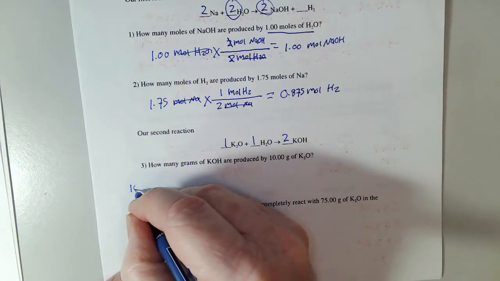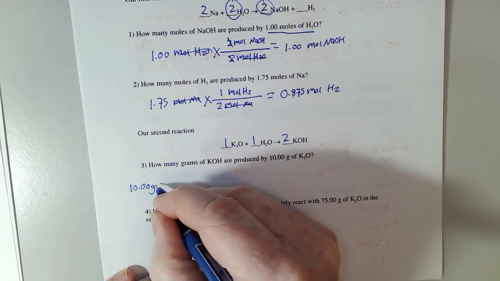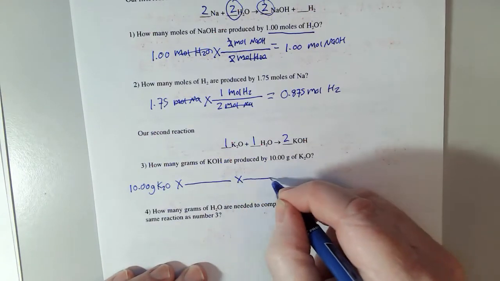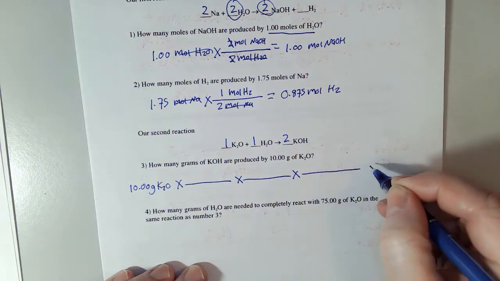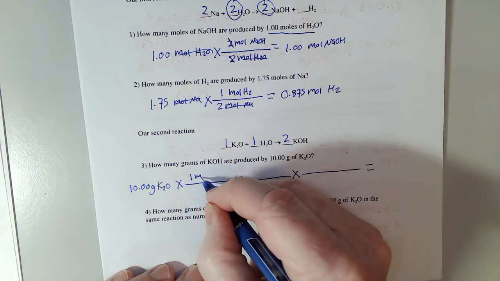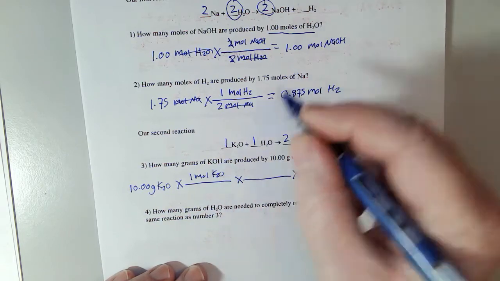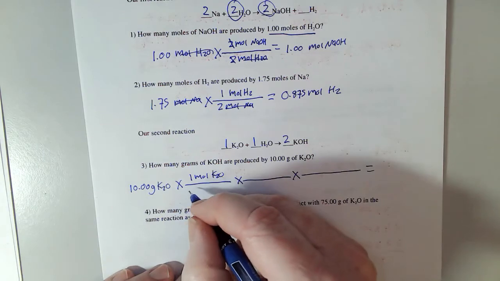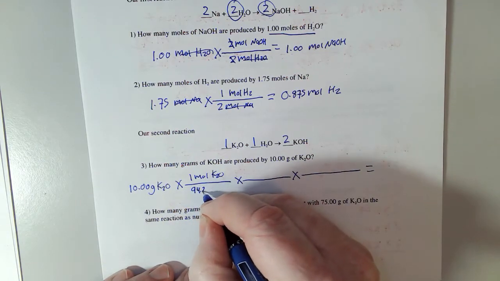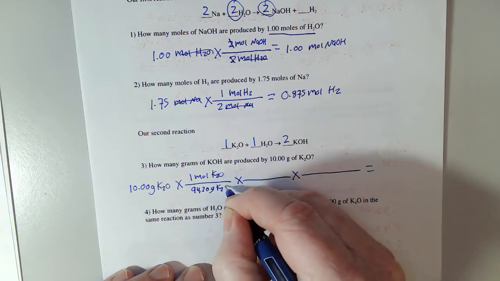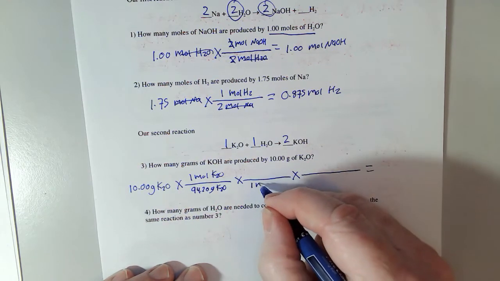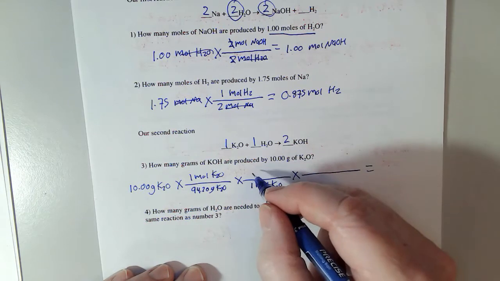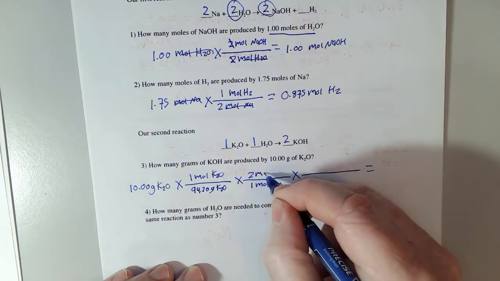Now we start with 10.00 grams K2O times 1 mole of K2O. To go from mass to moles, we divide by the molar mass. The molar mass of that compound is 94.20 grams of K2O. Now from the equation, 1 mole of K2O produces 2 moles of KOH.